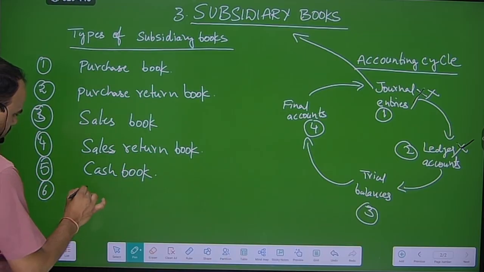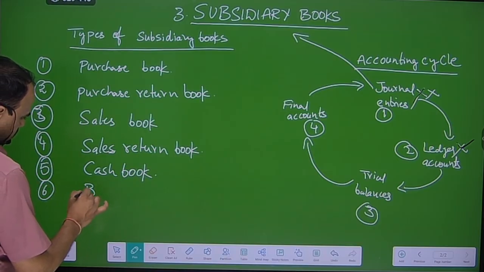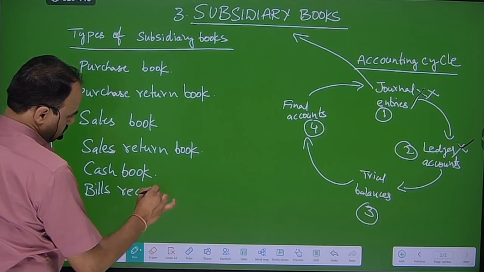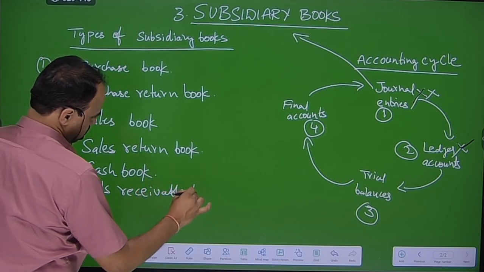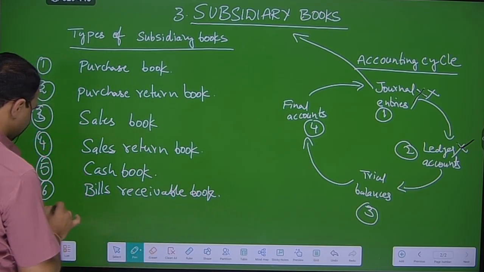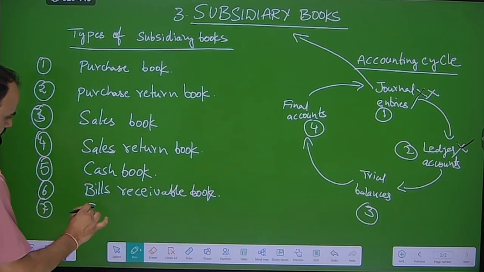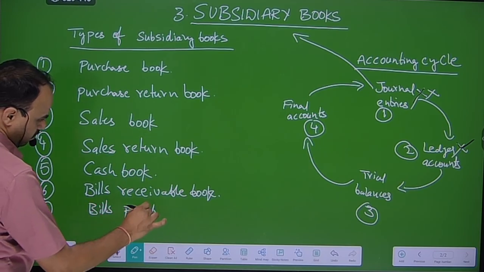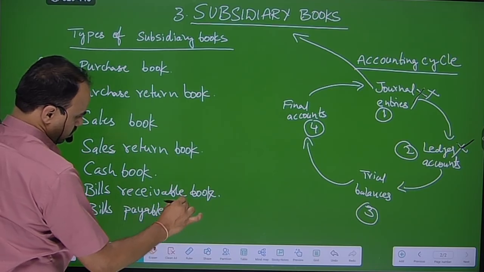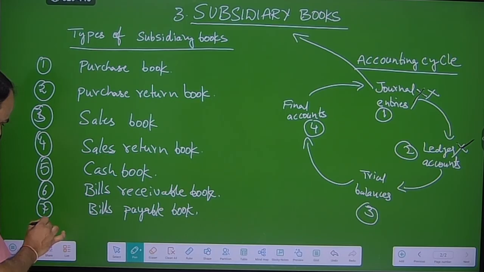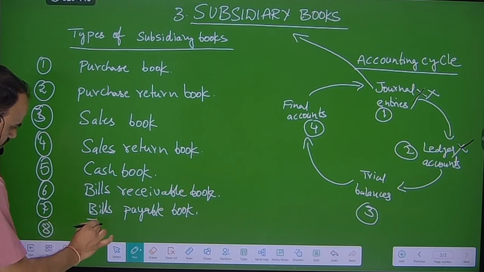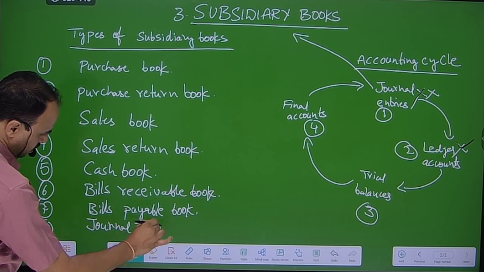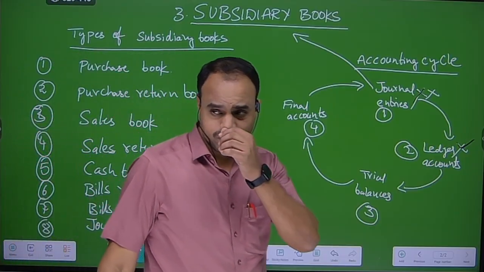Sixth one bills receivable book. Seventh one bills payable book. And the last one is journal proper. Last one is what, beta? Journal proper.